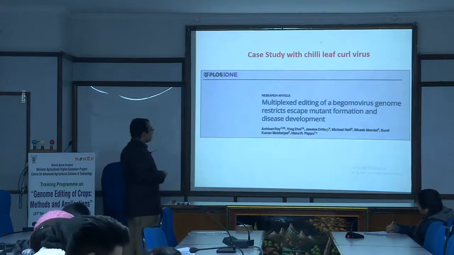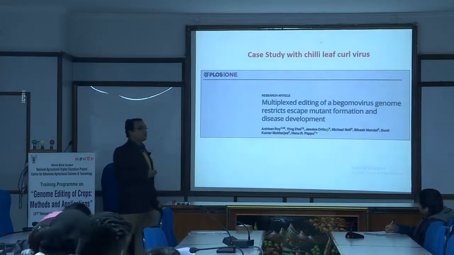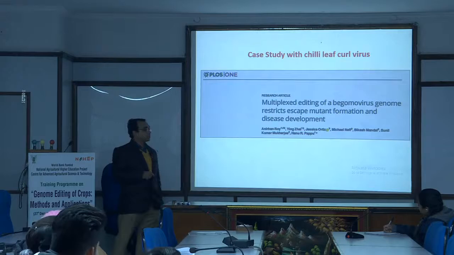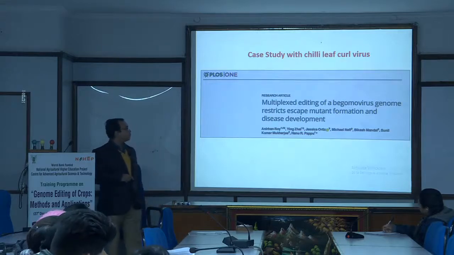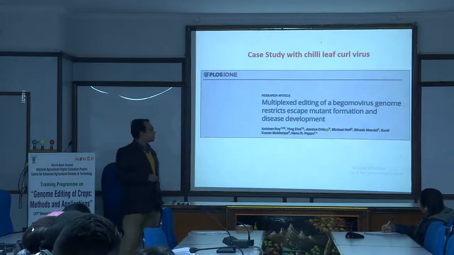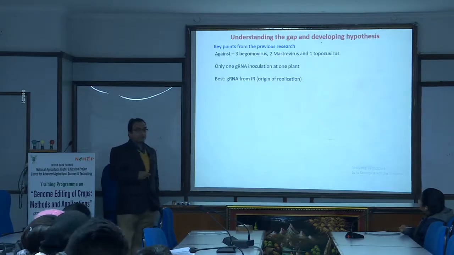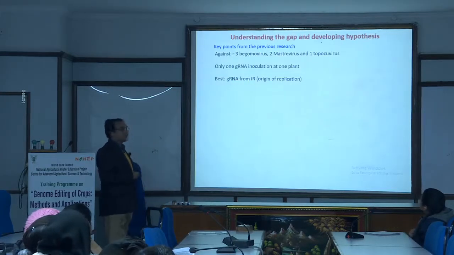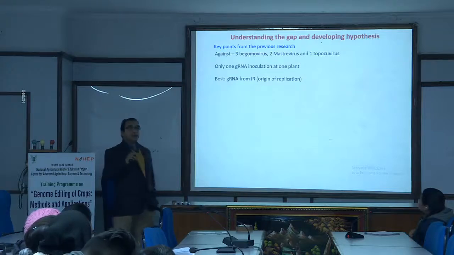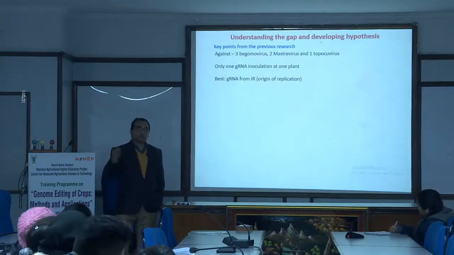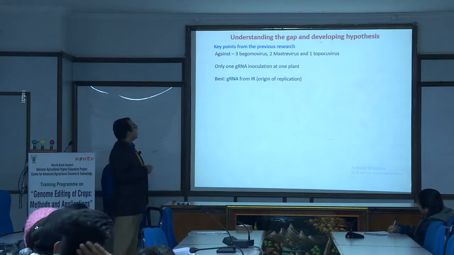I would like to give you the case study with the chili leaf curl virus, in which we did multiplexed editing of a begomovirus genome to restrict escape mutant formation and disease development. Before going into the details, I would like to tell you what we learned from earlier work.